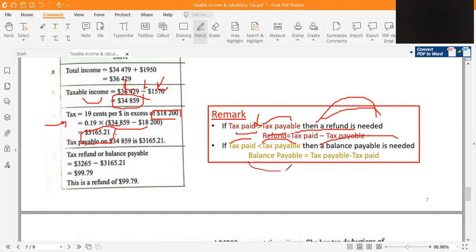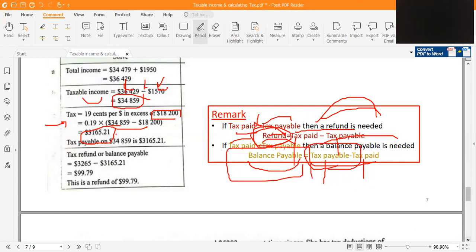We evaluate the balance payable as the difference between tax payable and tax paid. So very easy: we use the bigger minus the smaller. If the tax paid is bigger, a refund is needed. If the tax payable is bigger, a balance payable is needed.